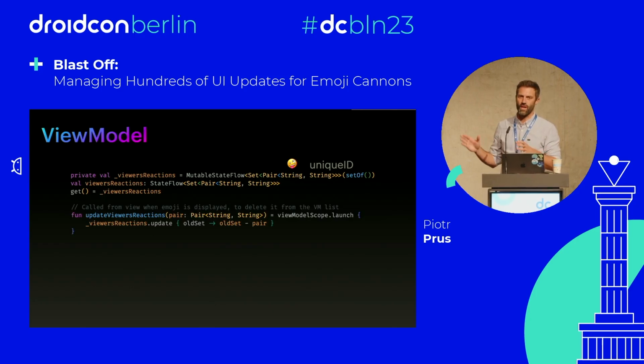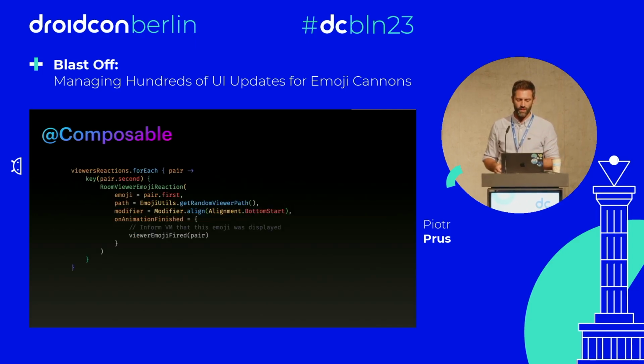Whenever an emoji is on the screen, we have it in this state in the view model, which is a set, so everything is kept unique. All the other factors like rotation and alpha, we keep in the composable. The view model does not care about how we display those things. It just matters whether we should display it or not.